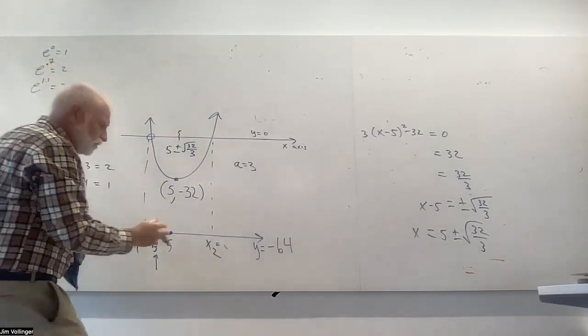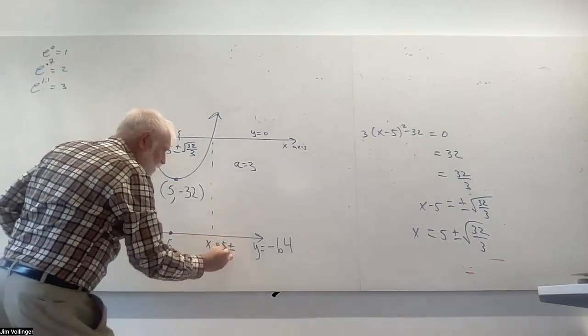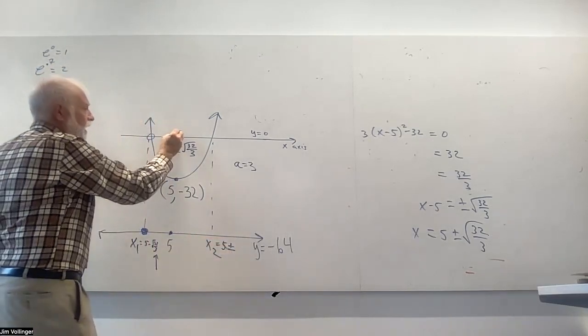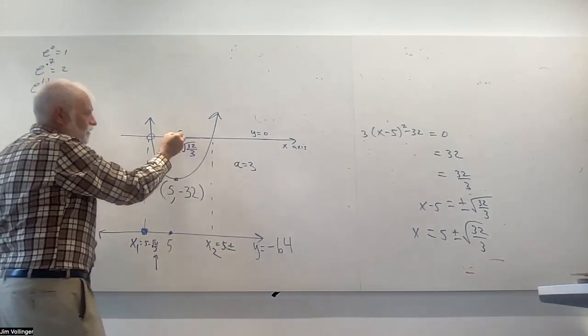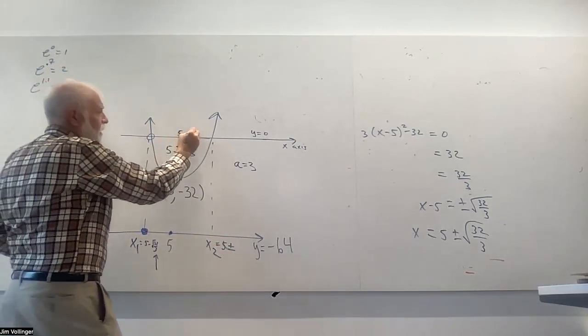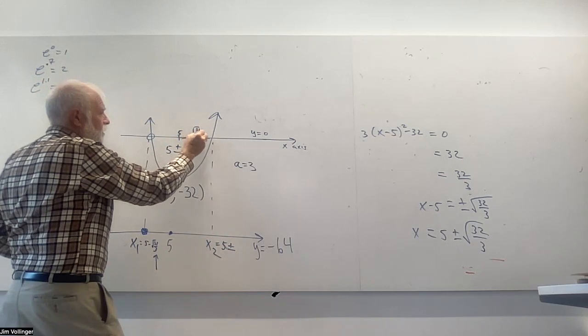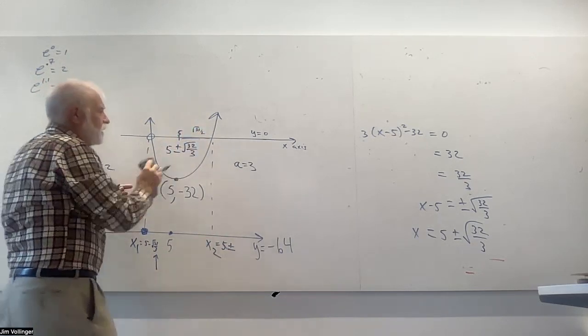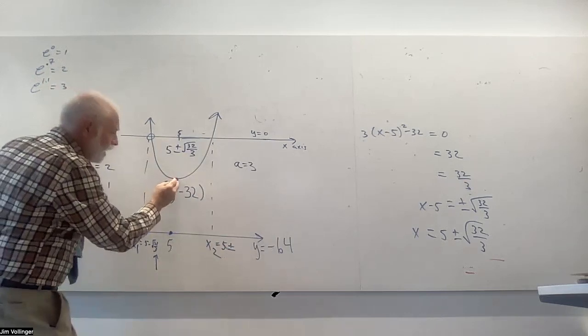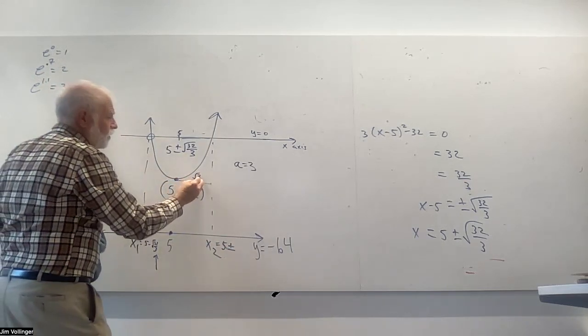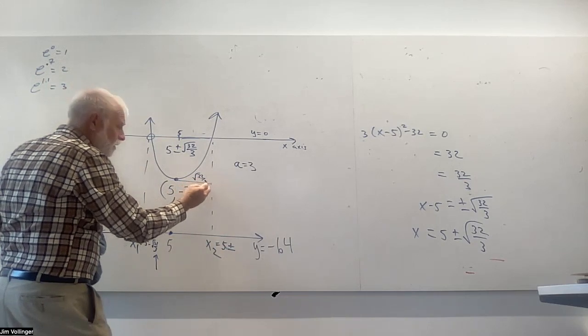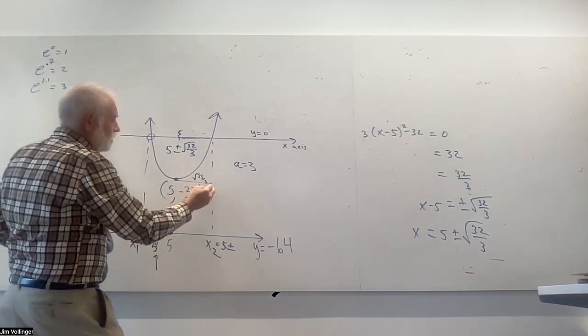Well, I guess this one is 5 plus, right? So this is 5. So I guess this distance here, as measured from 5, is positive 33 over 3, right? That's what that distance is. Because if we go over the square root of 33 over 3 and we square it, well, then we get a 32.